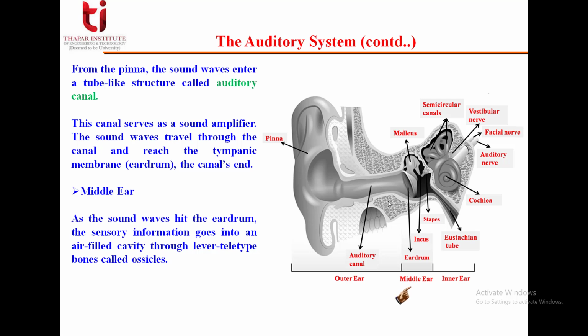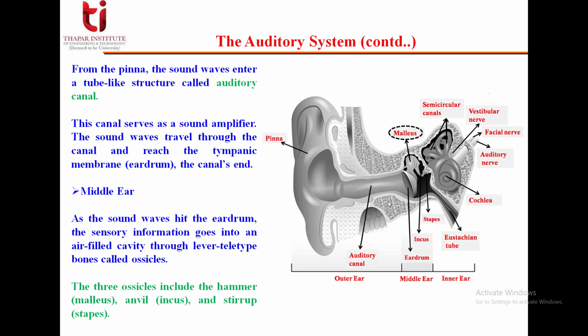And what are these bones? They are three ossicles, or we can say bones, which include the hammer, also known as malleus. Then we have the anvil, which is also known as incus, and then we have the stirrup or stapes. So these are the three different bones.